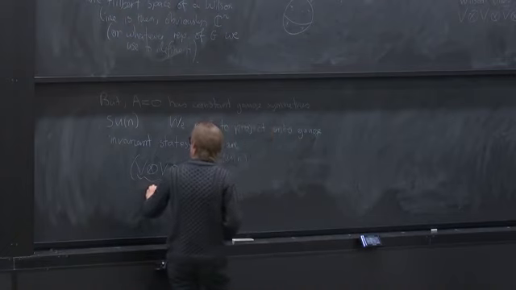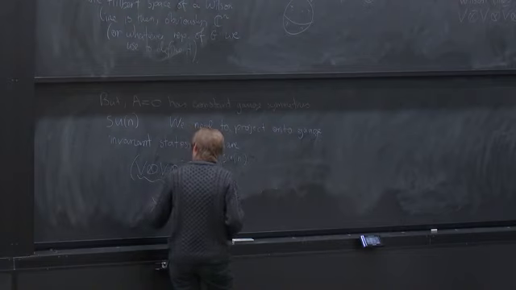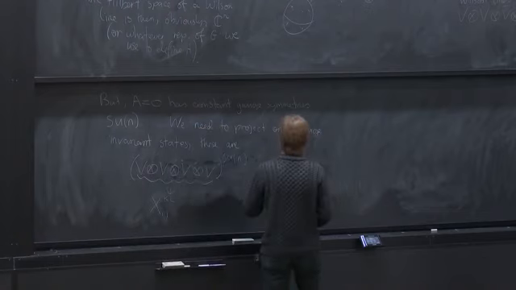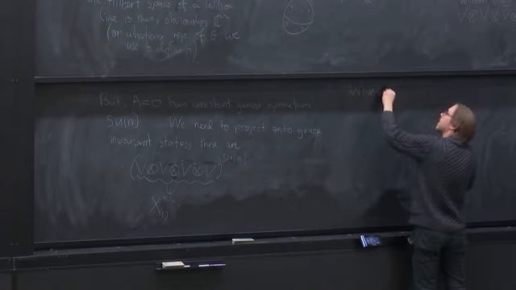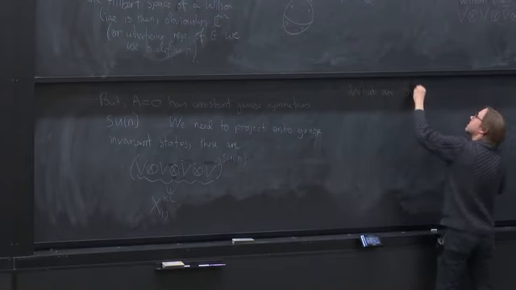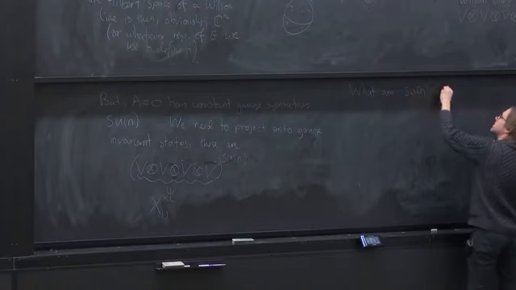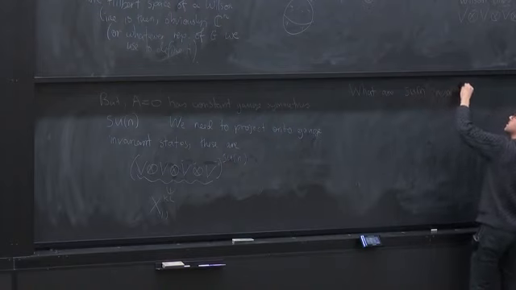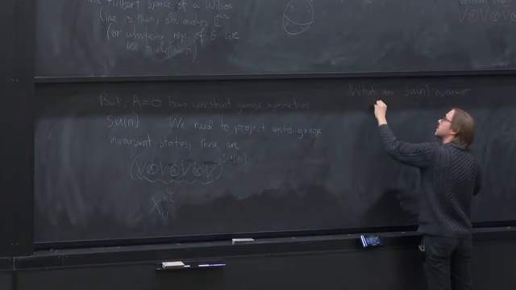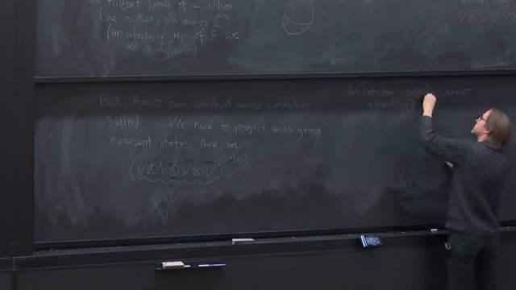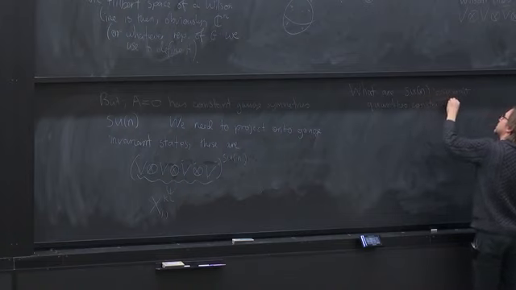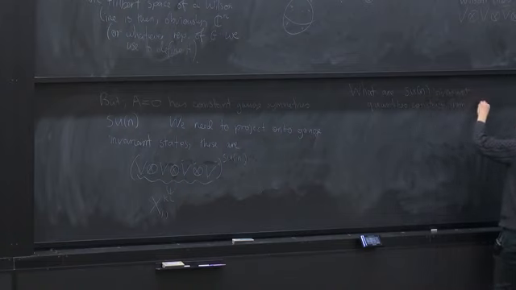This is some tensor I'll call X. X has 2 lower indices and 2 upper indices. What are the SU(N) invariant quantities that I can construct from a 4-index tensor?